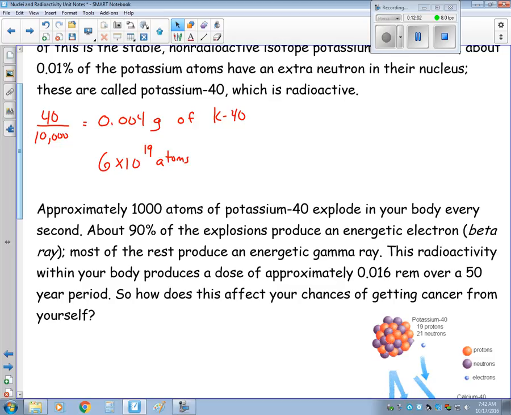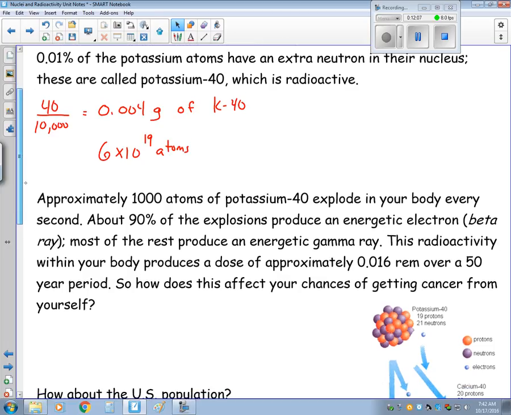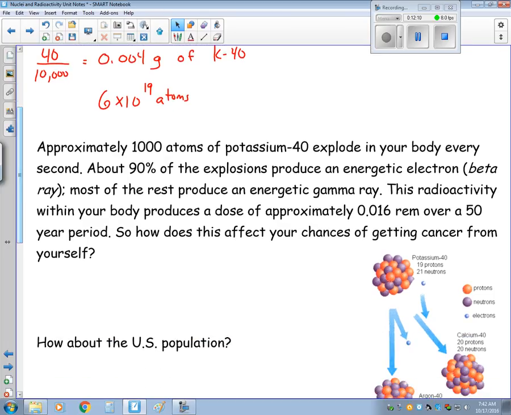So this radioactivity within your body produces a dose of right around 0.016 rem over a 50-year period. That's not a lot. So take 0.016 and divide that by 50 to get how many rem you're exposed to per year from your very own potassium-40.